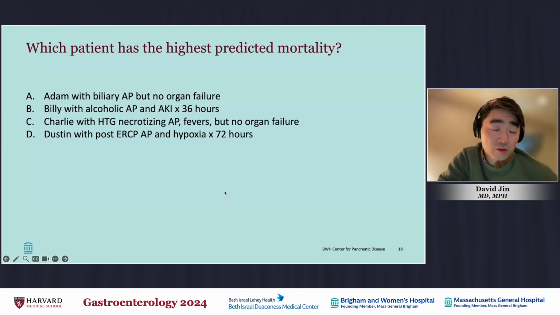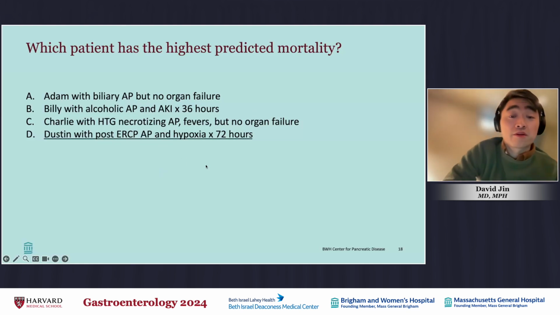Is it Charlie, who presents with hypertriglyceridemia-induced necrotizing pancreatitis, fevers, but no organ failure? Or is it Dustin, who presents with post-ERCP acute pancreatitis and 72 hours of hypoxia. The best answer here is D, Dustin, who presents with post-ERCP pancreatitis and 72 hours of hypoxia.